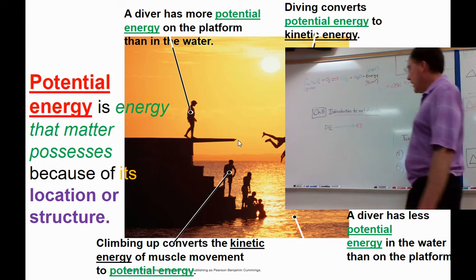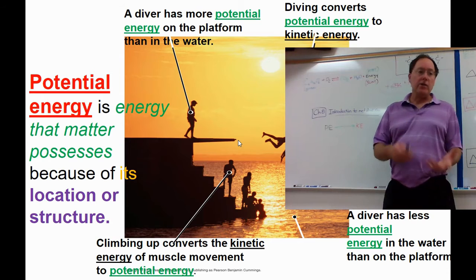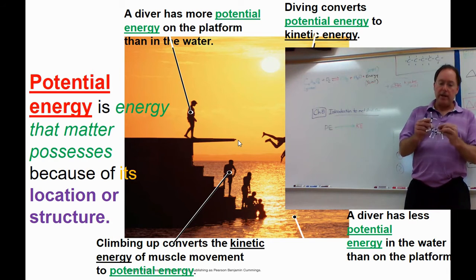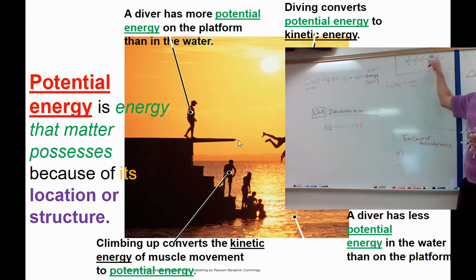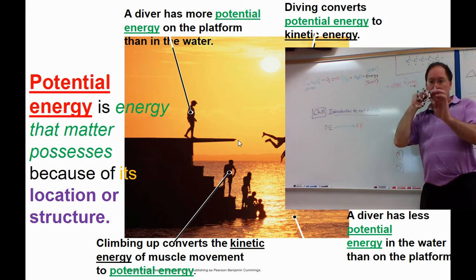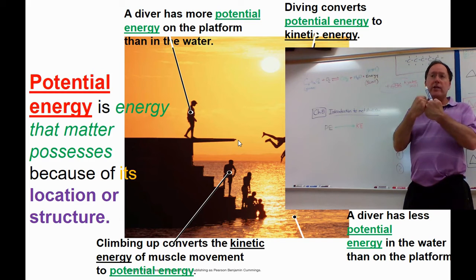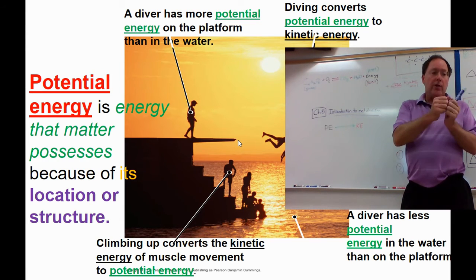Well, you probably know that potential energy can reside in a compound or a molecule like this, glucose. There's a lot of potential energy in all of these covalent bonds that you see here in these hydrocarbons. And that energy can be changed to kinetic energy when those bonds break.